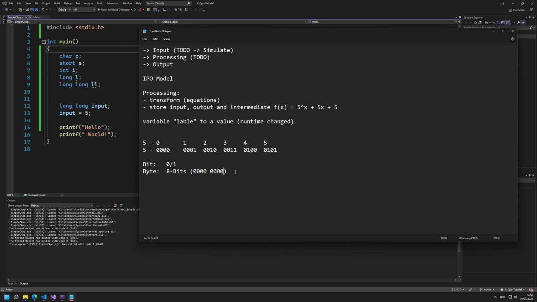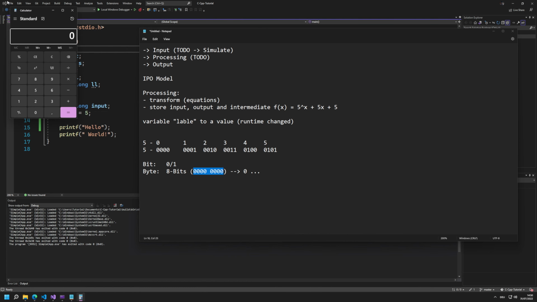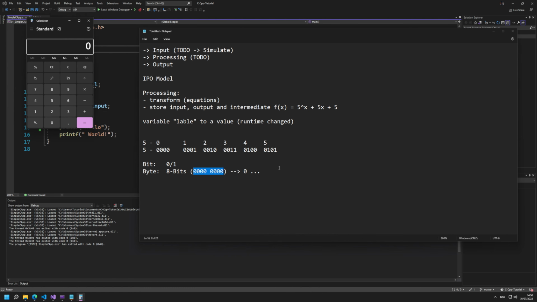So if you have these 8 bits, what could you represent with them? Well, you could start at 0, and you could go up to where all of these are 1. If these are all 1, we can do a simple math. Let's open up the calculator here on Windows, and do 2 to the power of 8. I think the calculator does not do this in the simple mode.